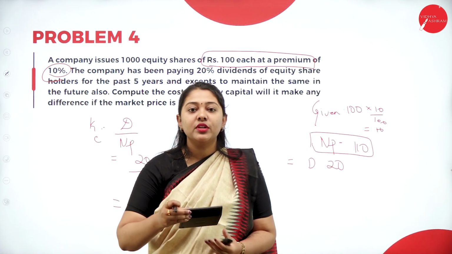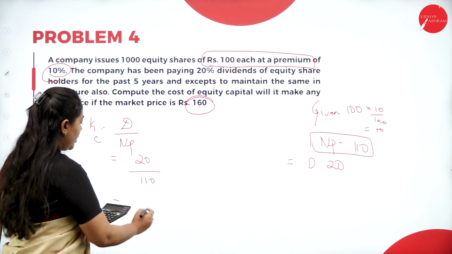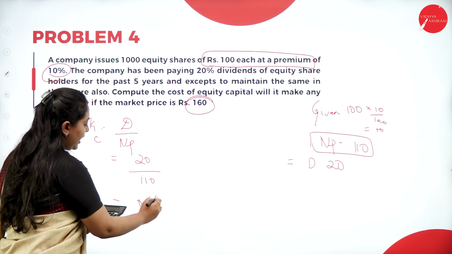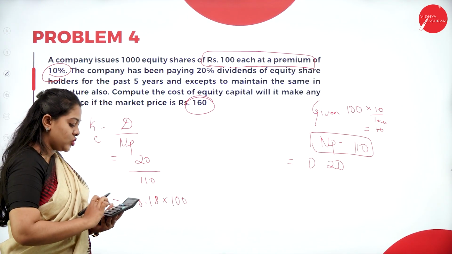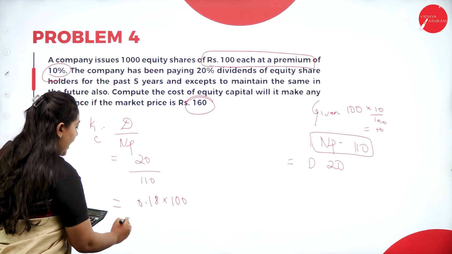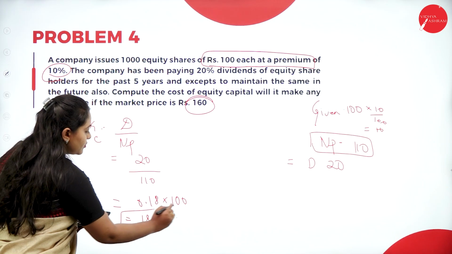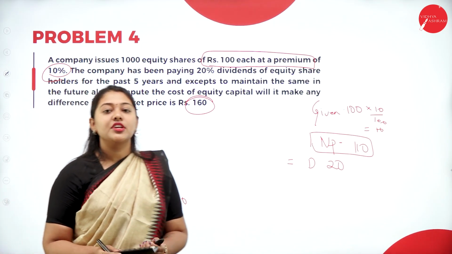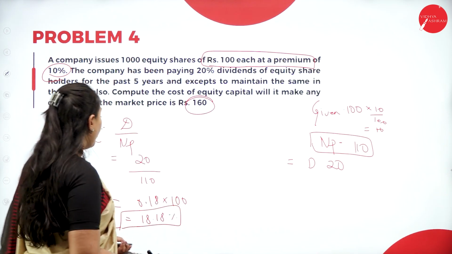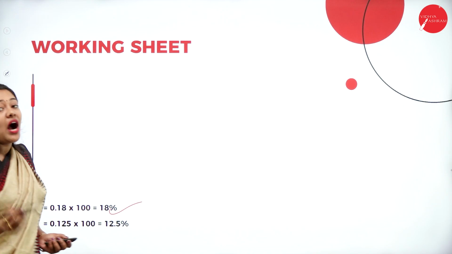So 20 divided by 110, the value will be 0.18, or as a percentage, 18.18%. So this is the cost of equity at an issuing price, issued at a premium. Moving forward, we have issued at a market price.